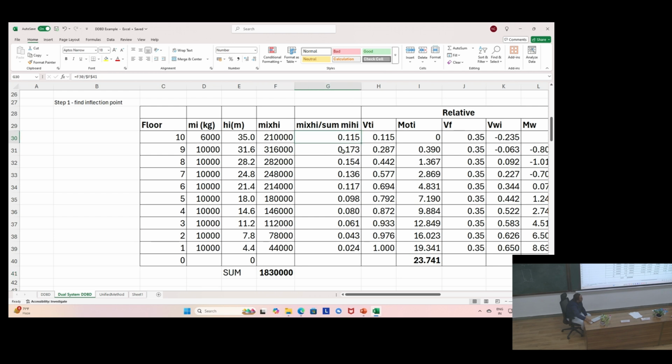So 0.115 is, if you look up here, MiHi divided by the sum of MiHi of all floors.